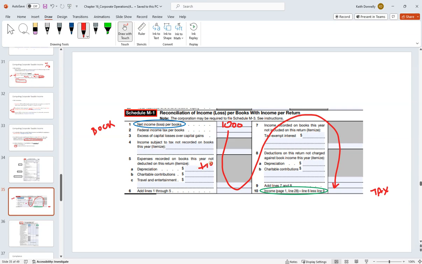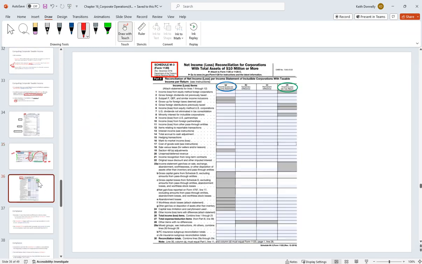Maybe we add $100, we subtract 25. These are just the book to tax differences. All of this stuff in here are these specific book to tax differences that we've just been talking about. So that would land you at your taxable income, which would be 1,075.